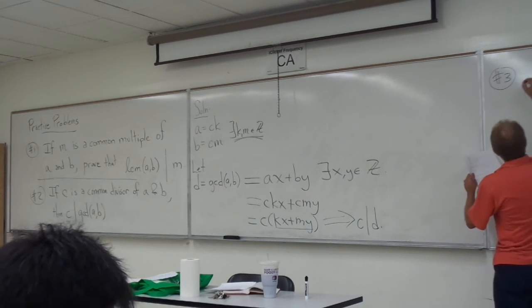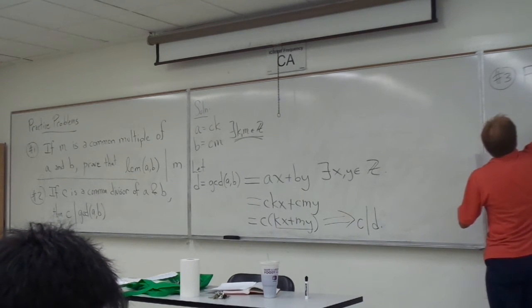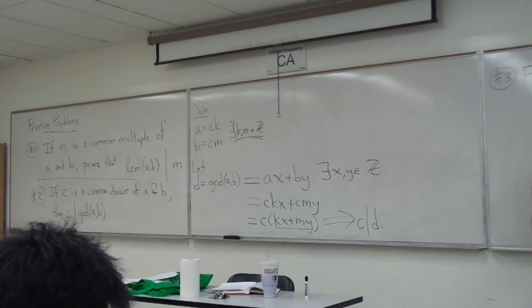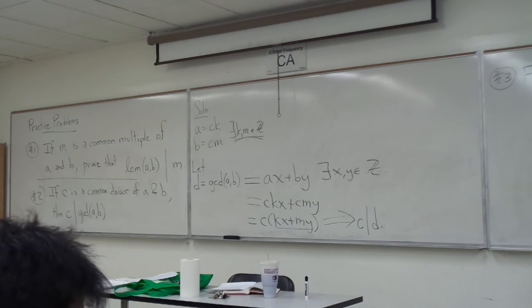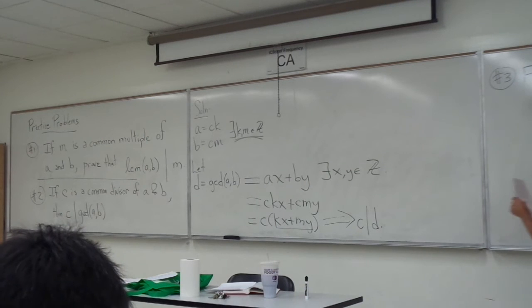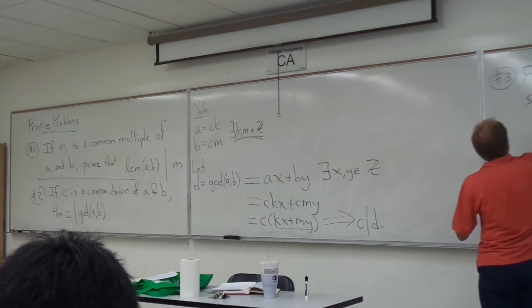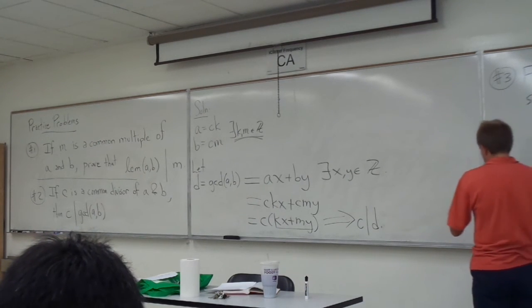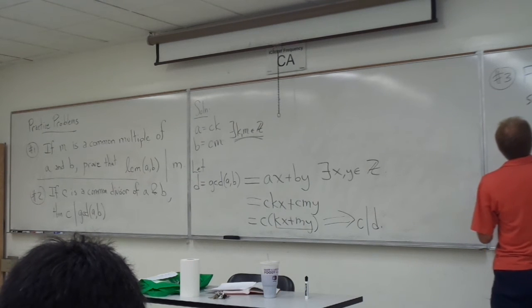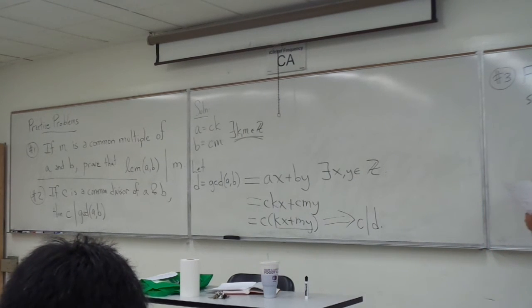So let's find the 3 smallest positive solutions to 140 times x is congruent to 133 modulo 301.